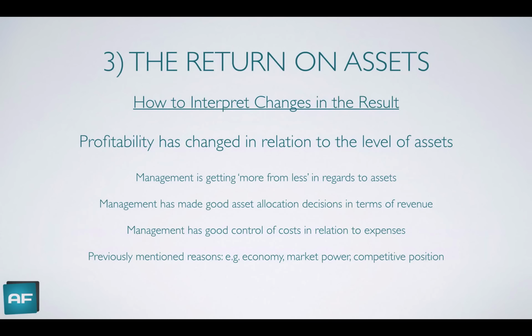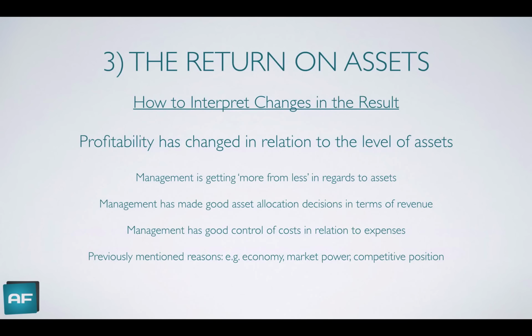All right, how do we interpret changes in the result? One side of the equation is that profitability has changed in relation to the level of assets. In effect, if profitability is increasing in relation to the level of assets, this means management is getting more from less in regards to the assets. It's getting more bang for its buck from the available assets.